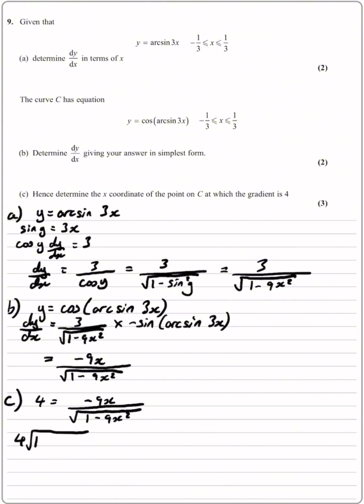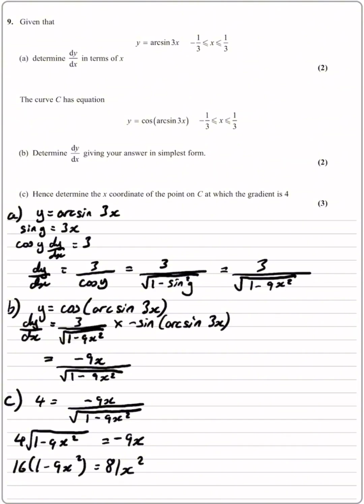Multiplying both sides by root 1 minus 9x squared, we get 4 lots of 1 minus 9x squared equals minus 9x. It's worth noting at this point that x must be negative, because otherwise we'd be creating an imaginary solution.